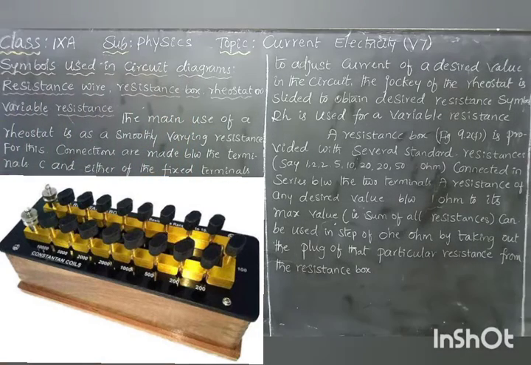Suppose you want 1 ohm, you can take the entire 1 ohm resistance of the wire, because it is a fixed or standard resistance inside the box. As you wish, depending upon whatever resistance you want for the corresponding circuit diagram, you can use it. That is a resistance box.